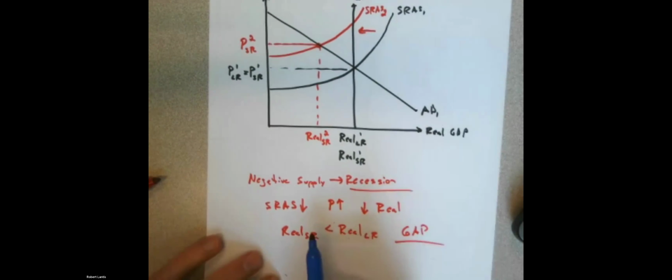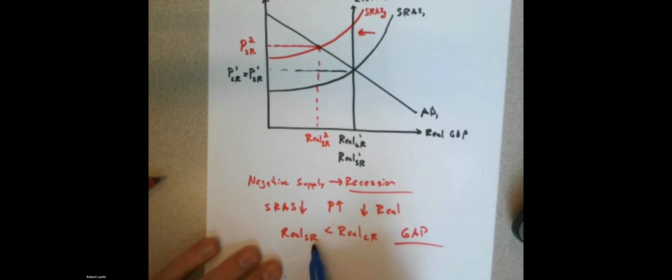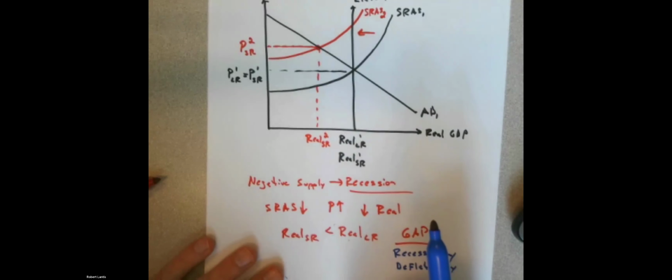Well, there's two ways to think about this. The first is we know that currently output is too low. So I said, usually, to help you remember, that this would be a recessionary gap. Now we said another synonymous term for this would be a deflationary gap. But why? Well, in the long run, where are prices going to get to?